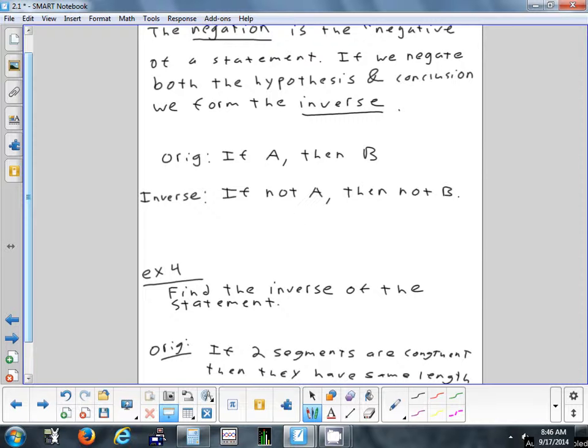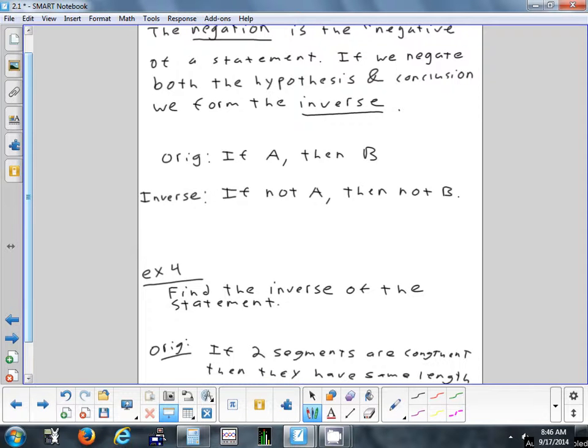Okay, so usually we insert the word not. Sometimes if we have a verb that means the opposite of the verb we had, we can use that too. Like here, if two segments are congruent, well, we could either say not congruent, or if we had a new word that meant not congruent, we could use that word instead.